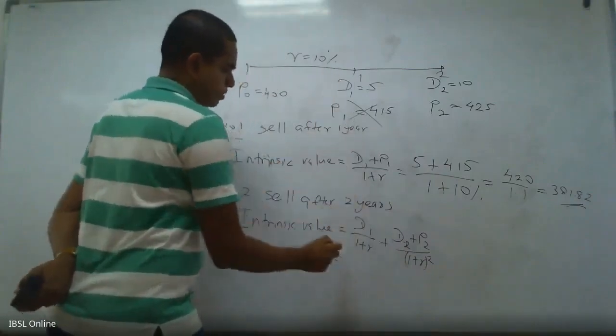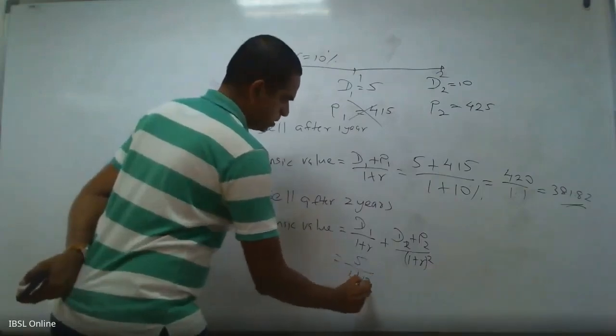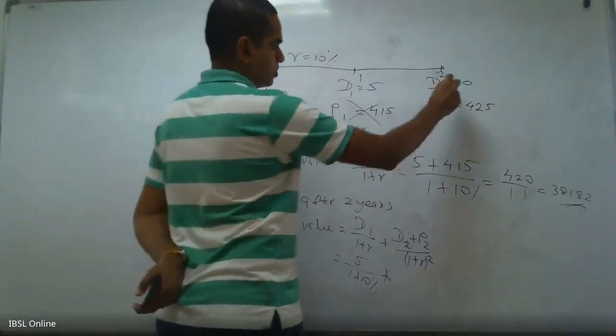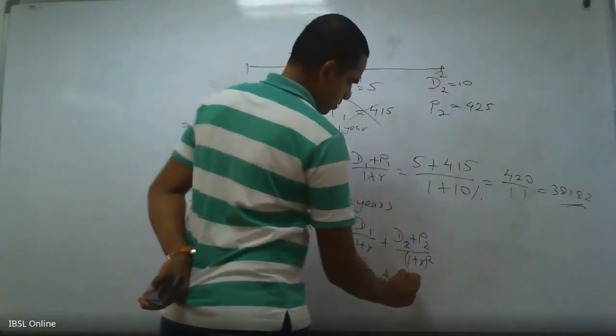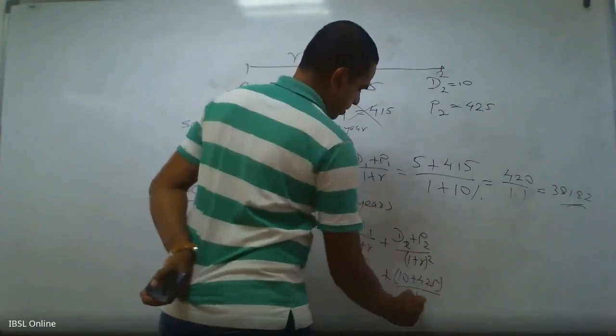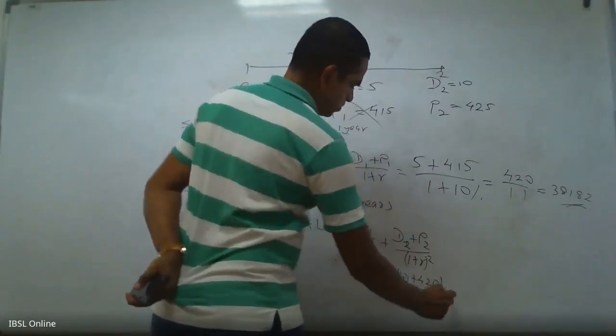The present value of the first year's cash flow is 5 divided by 1 plus 10%. The second year's cash flow is 10 plus 425 divided by 1 plus 10% squared.